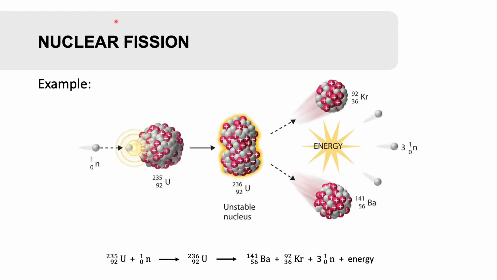This nuclear fission reaction can be written in an equation form like this, where the uranium-235 is being bombarded by a neutron, producing a very unstable nucleus of uranium-236 that will further split into two different nuclei, the barium-141 and krypton-92, while releasing 3 neutrons and energy.